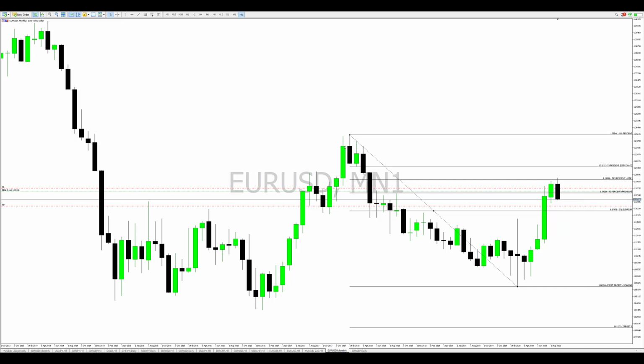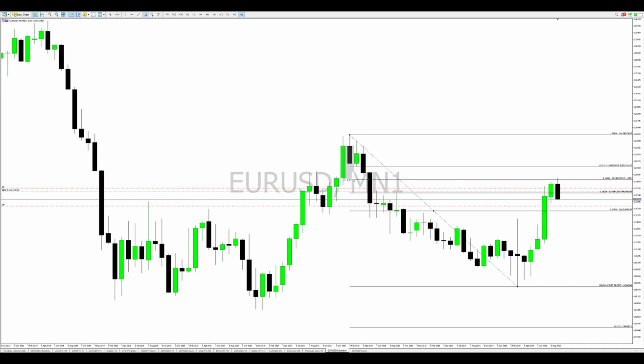So this candle here is our last up candle, which we would have regarded as a bearish order block. So what I'm going to do is highlight the body of the candle. The reason why I'm highlighting the body of the candle and not the wicks is because there is emphasis of institutional selling in this candle here.